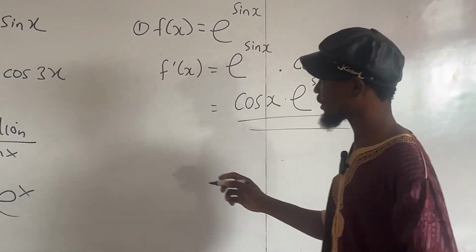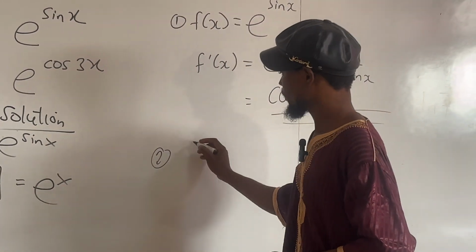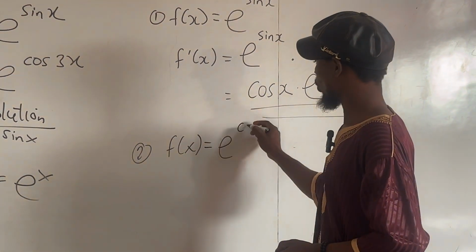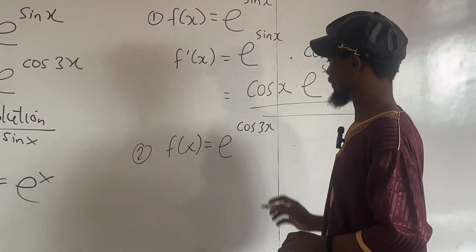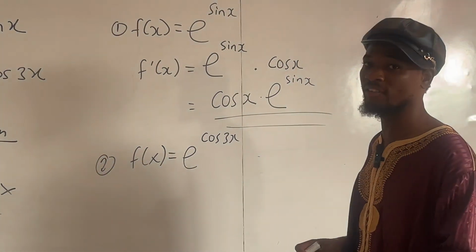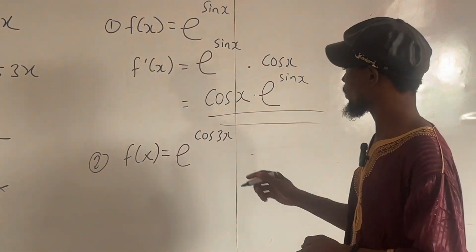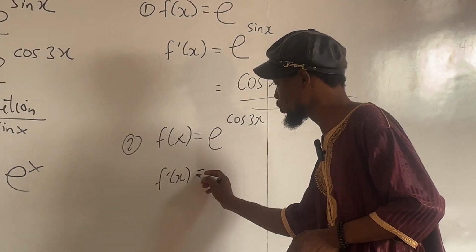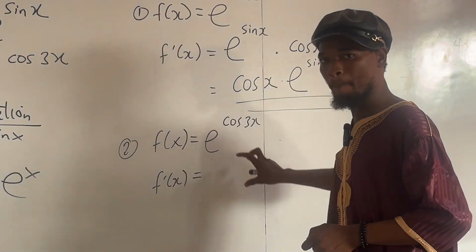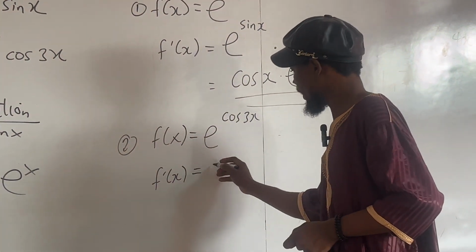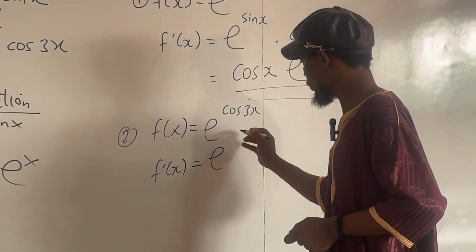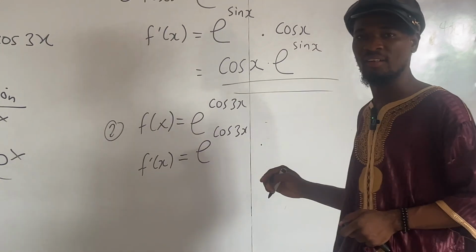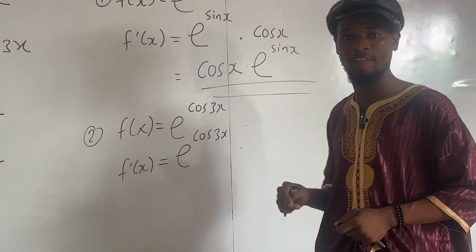And the second question is f of x equals exponential cos 3x. So viewers, this is very trivial. We are going to write f prime of x equals, you just copy and paste. You will write this as e to the power cos 3x, then times the differential of the exponent.